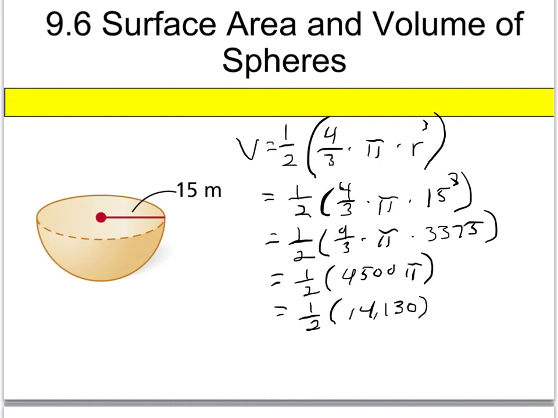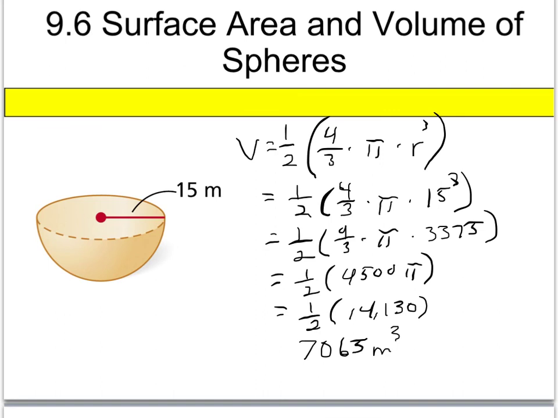Then, because it is a hemisphere, don't forget, you have to divide your formula by 2. So we need to take 14,130 and divide that by 2, because a hemisphere is half of a sphere. When we divide that by 2, we get 7,065. And again, what is our unit? You got it! Meters cubed.